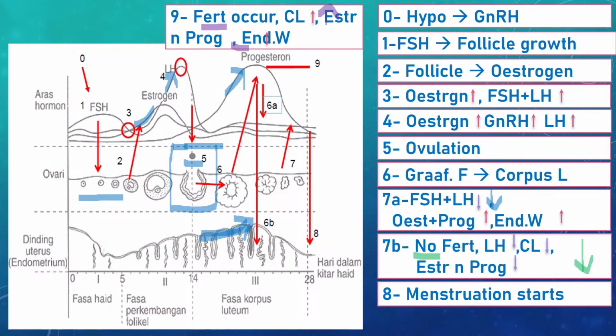Progesterone is also high, and that will maintain the endometrium wall to be thick as well. So for number 9, everything goes up. If fertilization occurs, the corpus luteum is maintained big, the progesterone level is high, and the endometrium wall is thick.